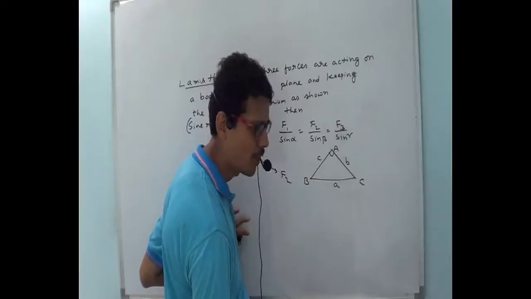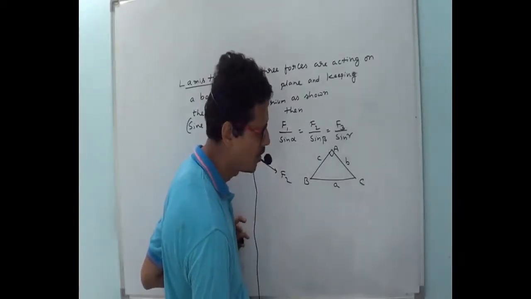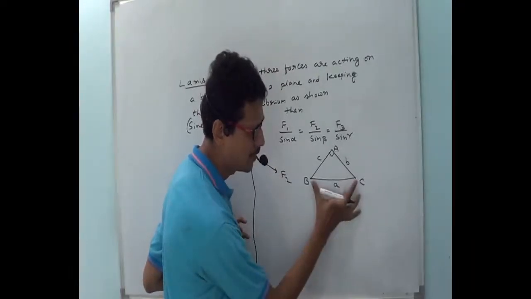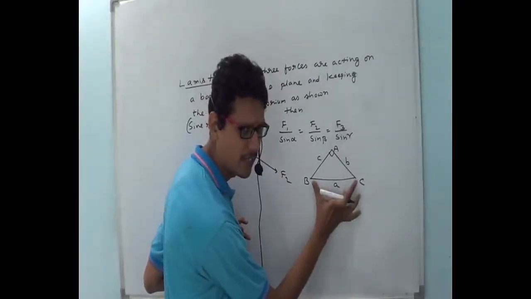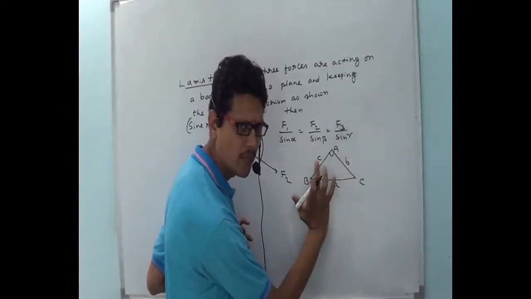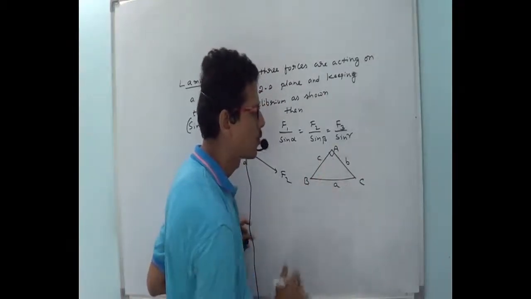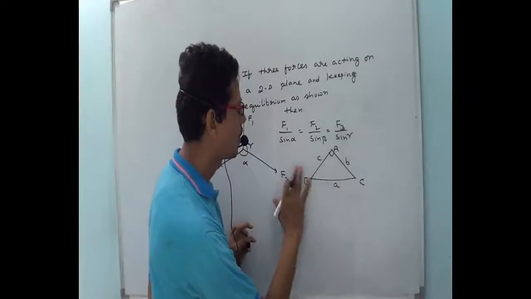The cosine rule you also have. Some of you might know the cosine rule. If I want this side, a is equal to root over b square plus c square minus 2bc cos A. That is the cosine rule, later you can learn that. Now we have to learn this.